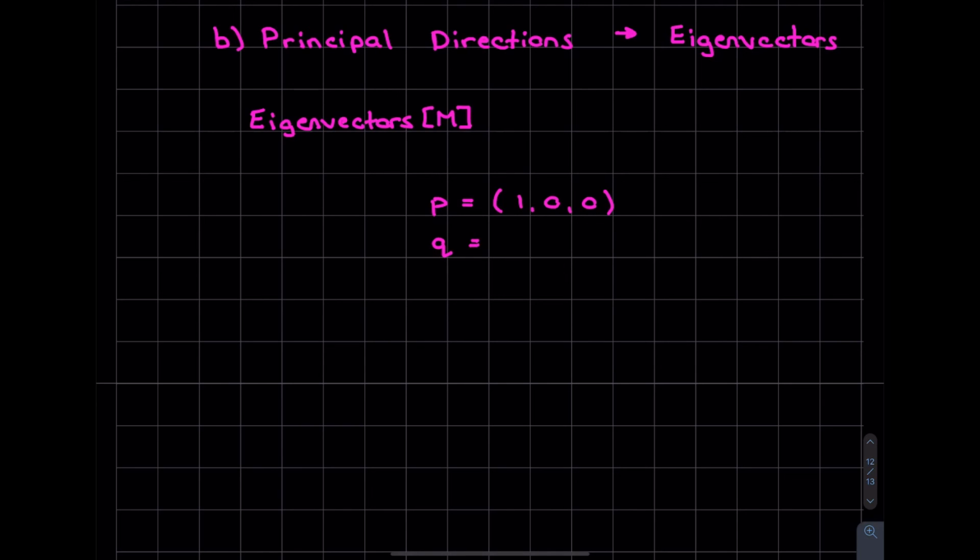Q is going to be equal to 0.414, 1, 0. And finally, R is going to be equal to negative 2.414, 1, 0.